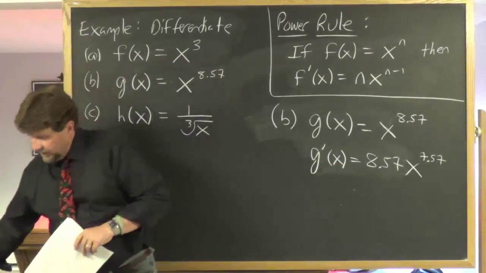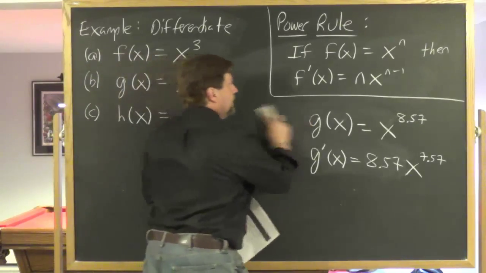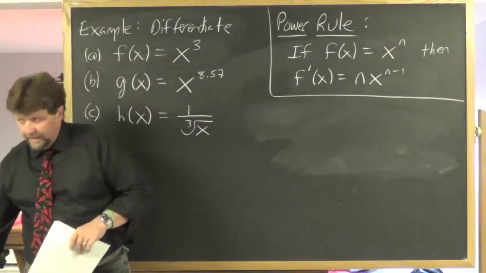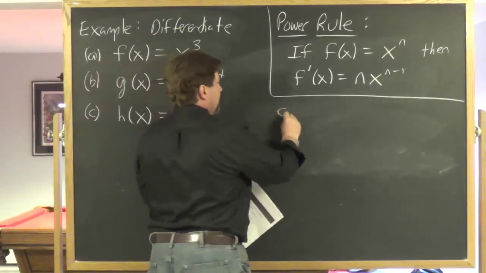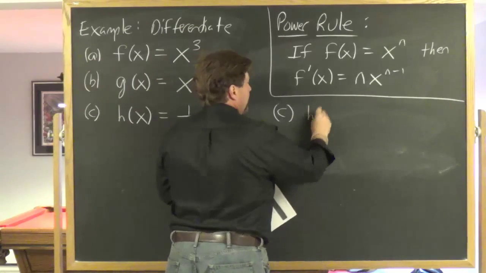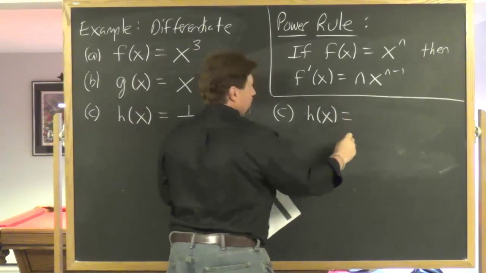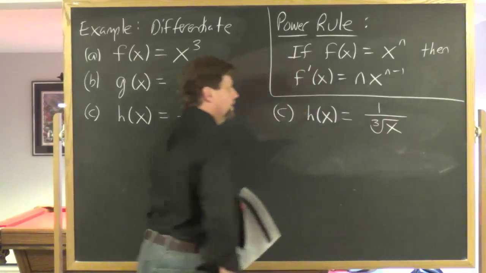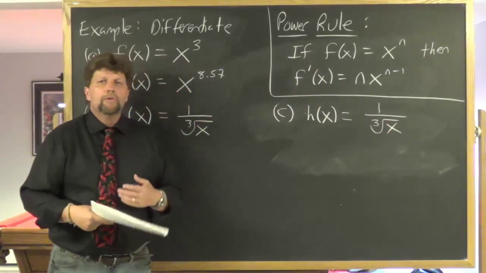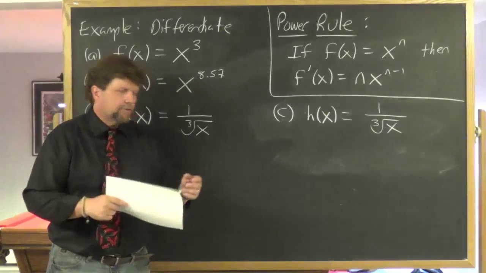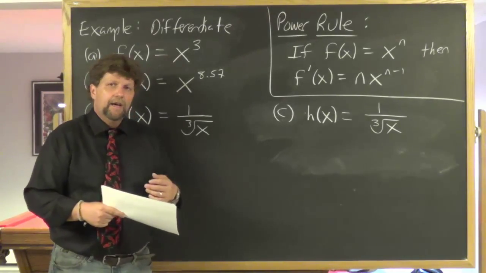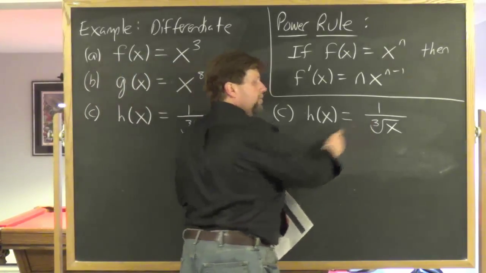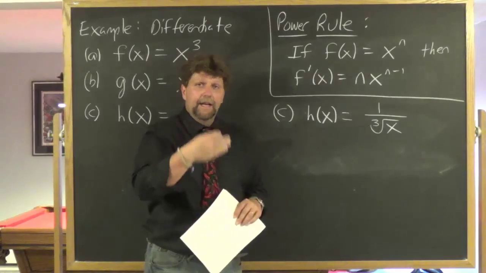Let me grab the eraser again so we can do part C. There's going to be just a little bit more work here in part C, because the function I'm given is h of x equals 1 over the cube root of x. I have to remember some old rules of exponents. The first rule is that a cube root can be rewritten as an exponent.